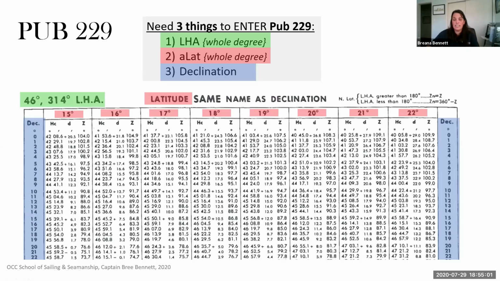If your declination is different than your latitude, you're on the right side. So the LHA is the same for the whole spread, the whole side of the book being open. But then we don't have north or south, east or west. We just have contrary or the same. So that's if you're on the right side or the left side.